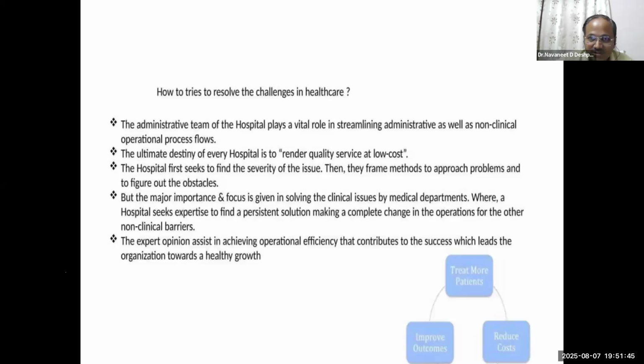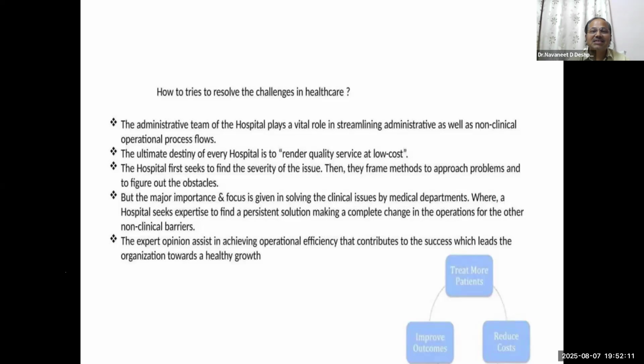And then how to resolve these challenges in healthcare? That's another question. So the first thing is the administrative team which has been formed, including the board of directors, members, governing body members. From the top to down, they have to play a significant role in streamlining the administrative as well as non-clinical operational process flow. And it requires management skills like planning, organizing, directing, controlling.